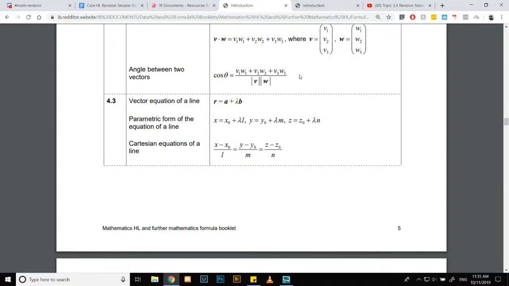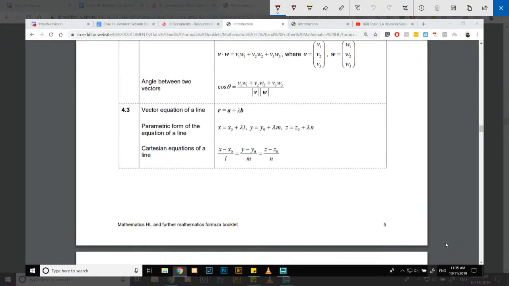So if we had, say, I'll draw a little screen sketch here. R is equal to x naught, y naught, z naught, plus lambda L, M, N. What you would check for is that the L, M, N are the same, or at least a multiple of each other.